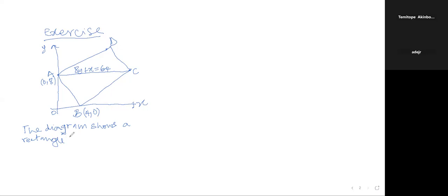The diagram shows a rectangle ABCD, in which point A is 0,8 and point B is 4,0.